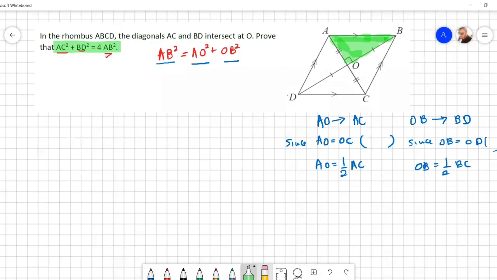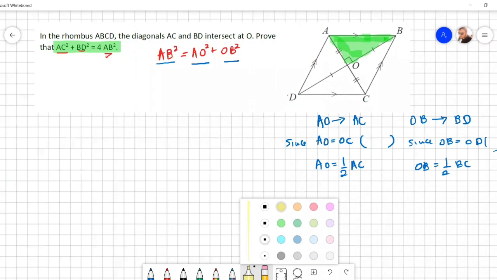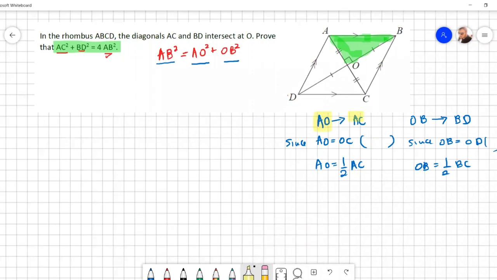That is why I came over here to the side and somehow built up a relationship between AO and AC, and I figured out AO is equal to half of AC. And similarly, instead of OB, I wanted BD, when I figured out OB is actually equal to half of BD. Actually, this letter is wrong, so I'll change it. It's half of BD, not BC.